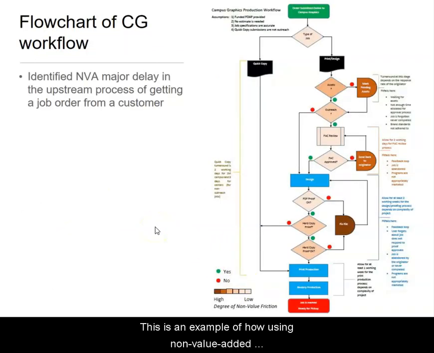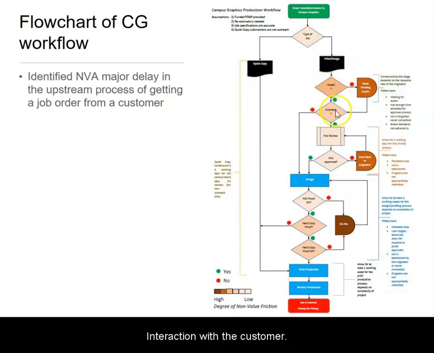This is an example of non-value added identified in the actual state of a flowchart. I showed you this flowchart when we were doing flowcharts. We identified non-value added major delays in the upstream process of getting a job order from a customer, in our interaction with the customer for job intake.